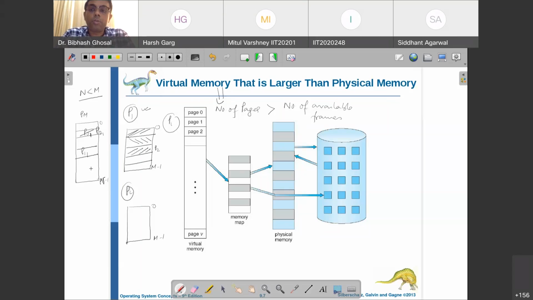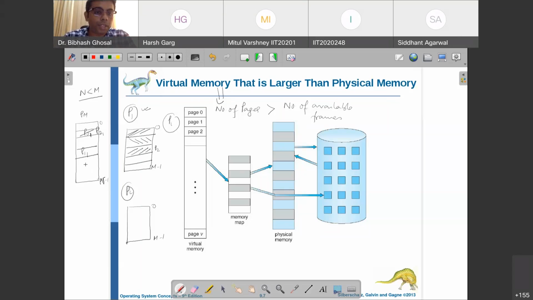Good. What do you achieve? Well, I achieve a lot of space. Now that I am only keeping 2 pages of process P1 at a point, the other space of the physical memory can be utilized for keeping pages of other processes.